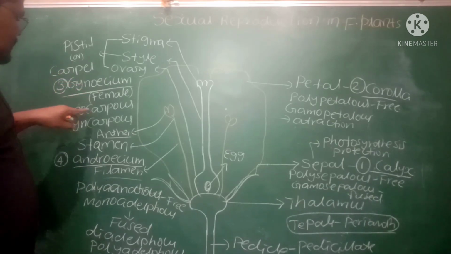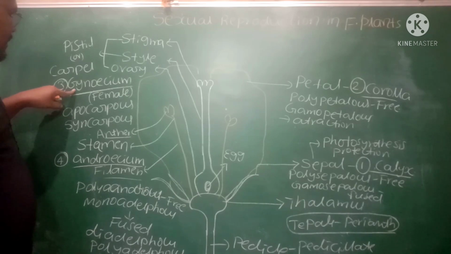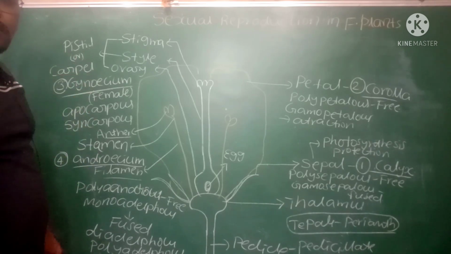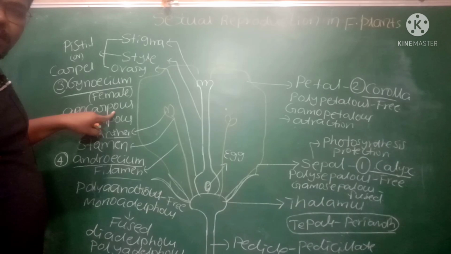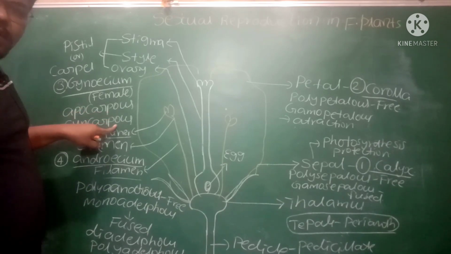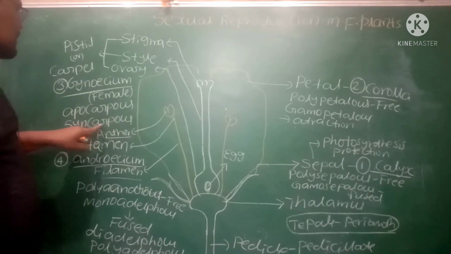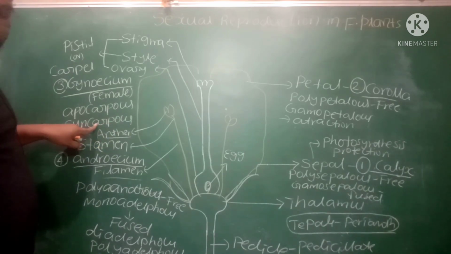The pistils or carpels may be fused or free. If the pistils or carpels are free from each other, then that is called apocarpous. If they are fused together, then that condition is called syncarpous.